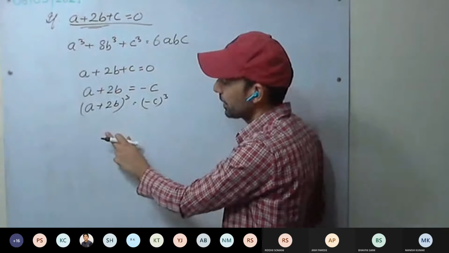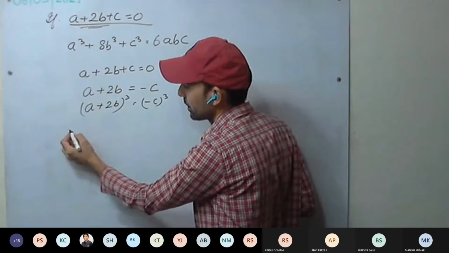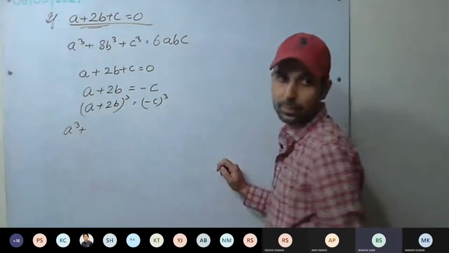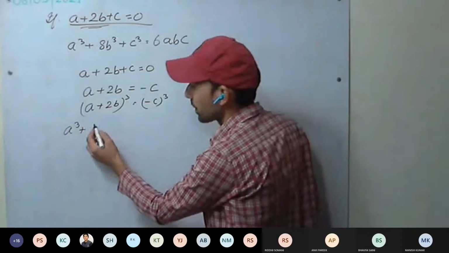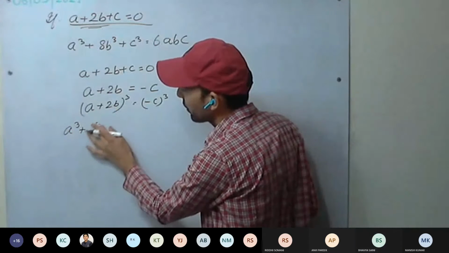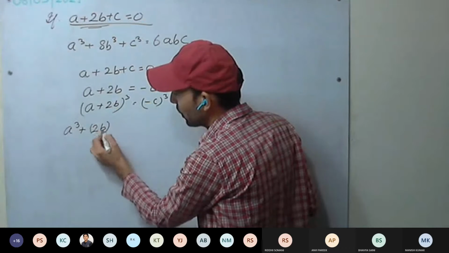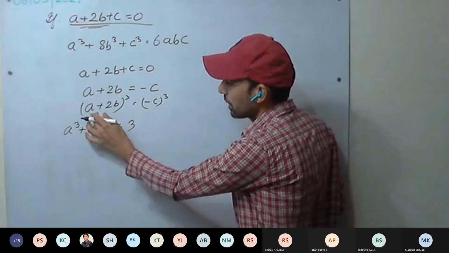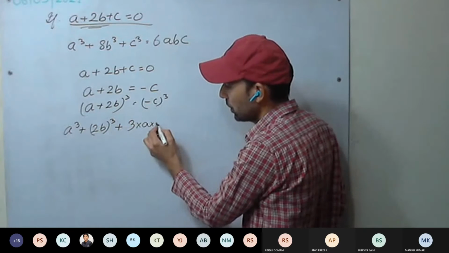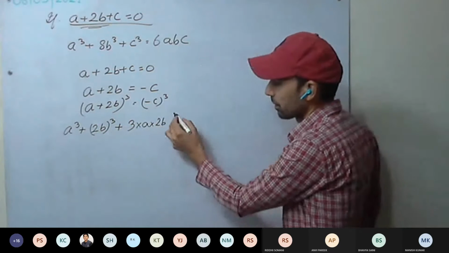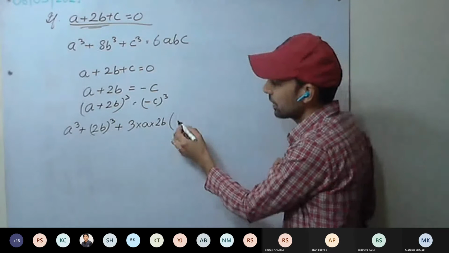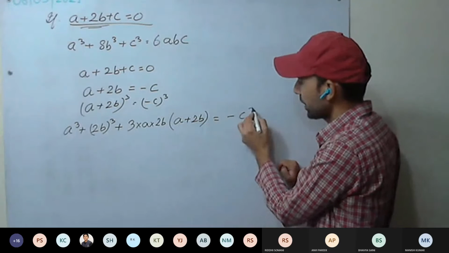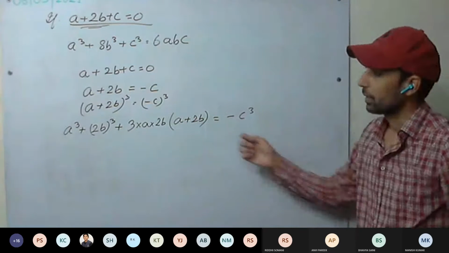How much will you be getting on this side? a cube plus 8b cube. 8b cube, that is 2b cube, okay, we write one more step. Plus 3 into a into 2b into a plus 2b, and minus c cube, we can write it like this.